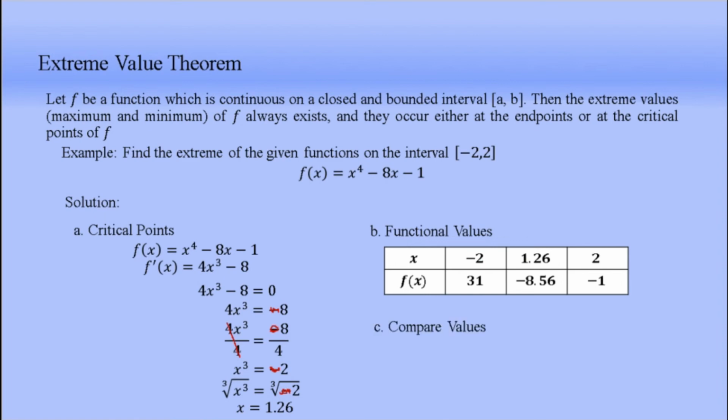And then from these values, we're going to now determine the extreme maximum and the extreme minimum values. So the extreme maximum is 31, and the extreme minimum is -8.56.